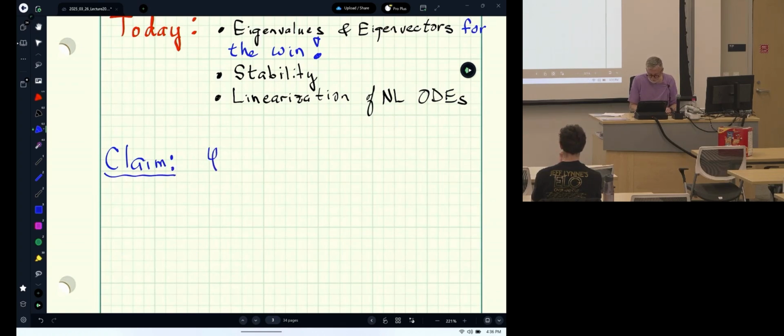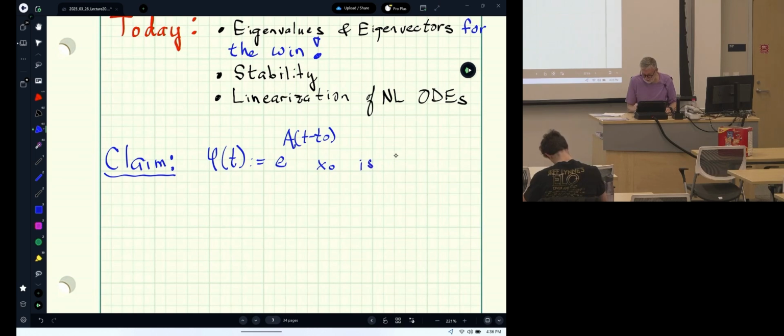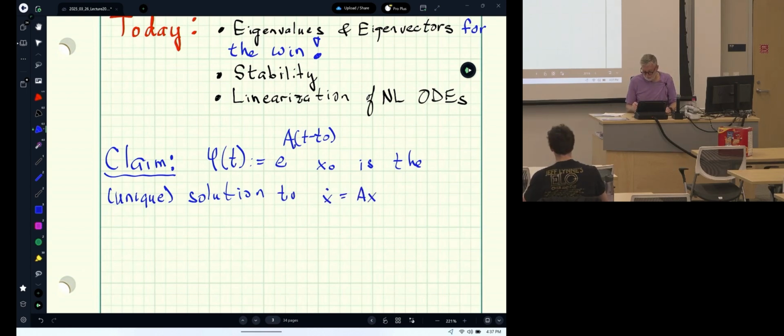I'm going to claim that phi of t, defined to be e to the A(t minus t0) x0, is the unique solution to the set of linear differential equations x dot equals Ax, with some initial time t0 and the value of the state at that time being x0, in R^n.